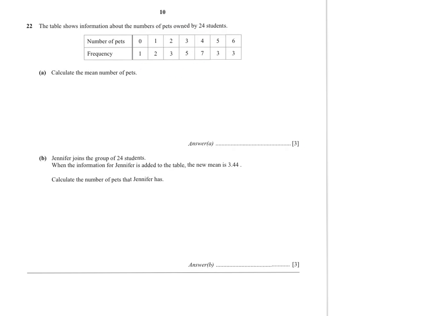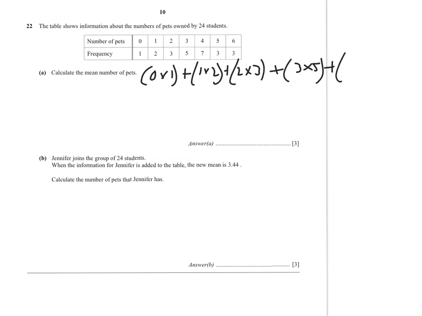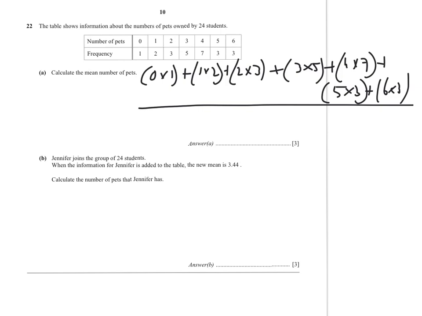You want to show your workings. You're going to do 0 times 1 in brackets plus 1 times 2 plus 2 times 3, because you need to realize what that table means. Plus 4 times 7 plus 5 times 3 plus 6 times 3, divided by, and I'll continue in a minute, because I said, what does that table mean?